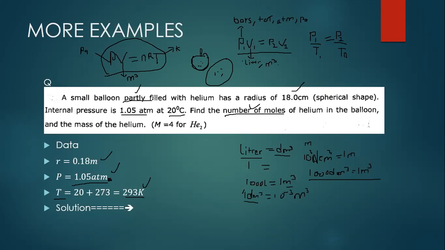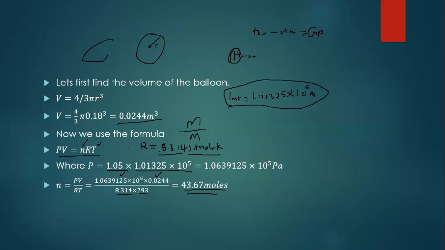But if they said maybe half filled, if they even used the word half, then we would have done the volume by half. Or if they gave us some figures. But since they just said partly filled, we don't need to consider it. We just take the volume like it is. By partly filled, it just means the balloon was not inflated to its maximum inflation. All right, thank you. Okay.